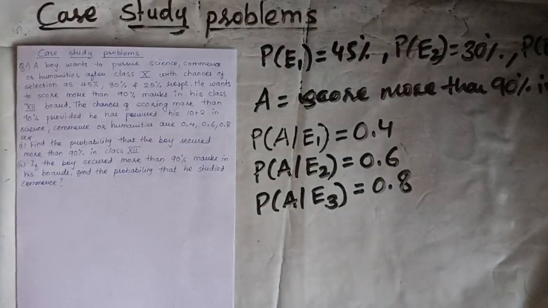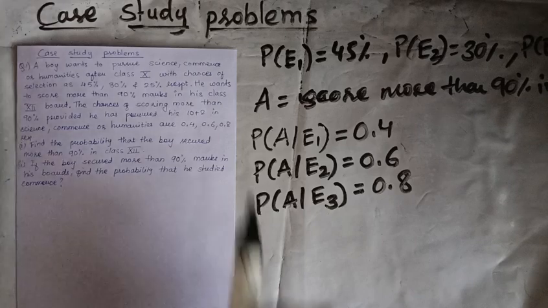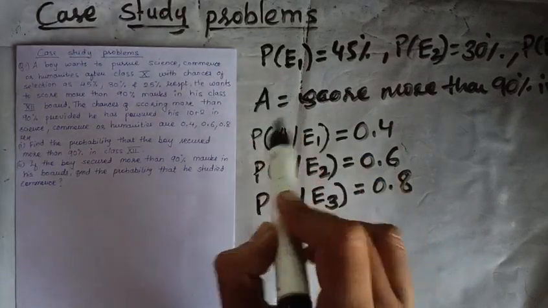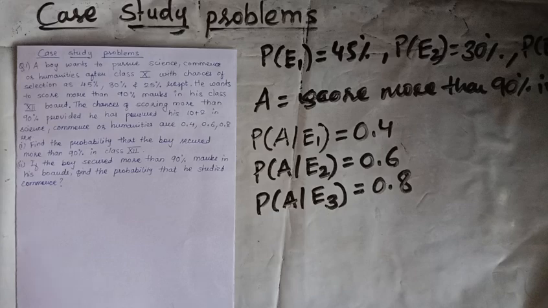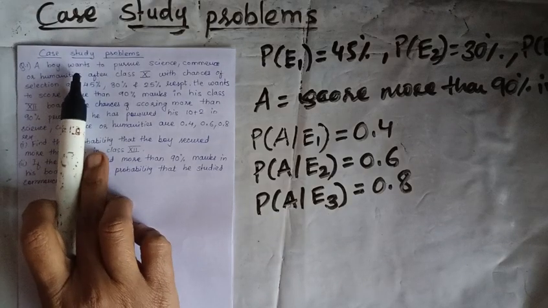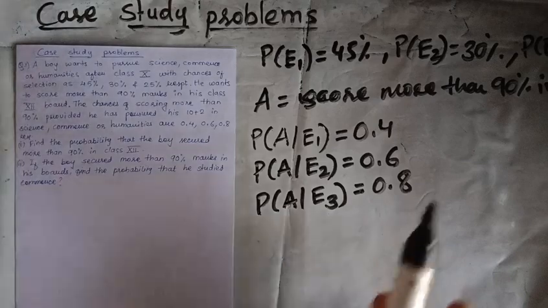Now the first question is, find the probability that the boy secured more than 90% in class 12. Now this question is only based on this event, that is he is scoring more than 90% in class 12, but we have to consider what he wants to pursue after 10th.